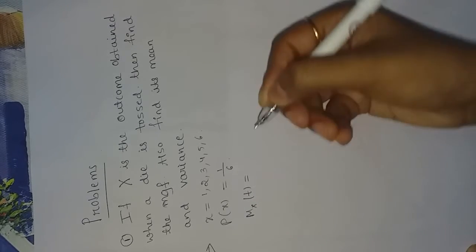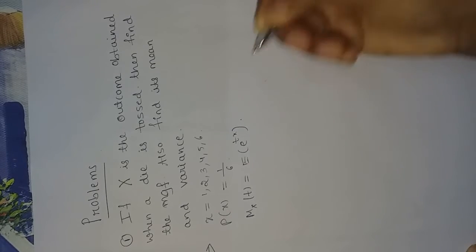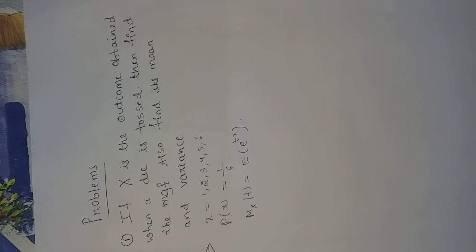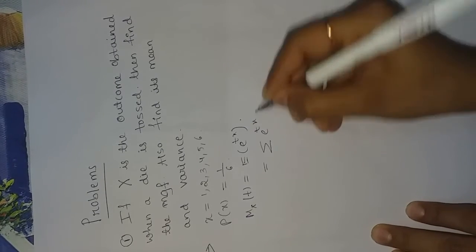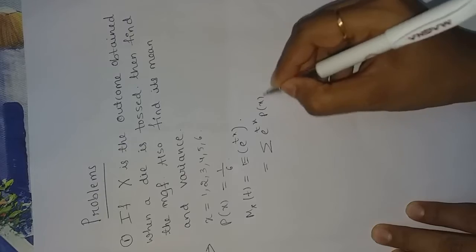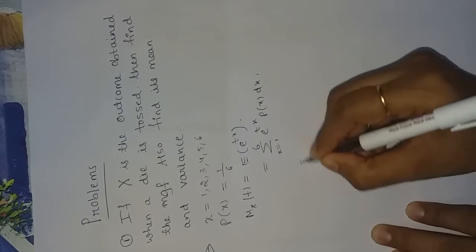Moment generating function is expectation of e power tX. M_X(t) is the expectation of e power tX. That is the summation of e power tx into p(x), where x takes the value from 1 to 6.